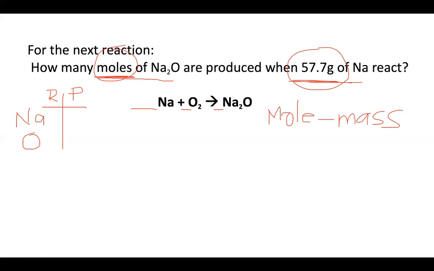So how many atoms of sodium do we have on the reactant side, okay? The reactant side is the things that we have here, for example, in yellow, okay? So we only have 1 atom of sodium. And how many atoms of sodium do we have on the product side?